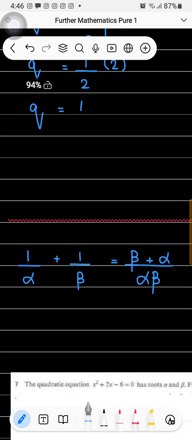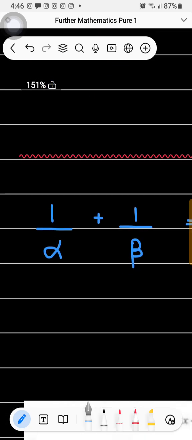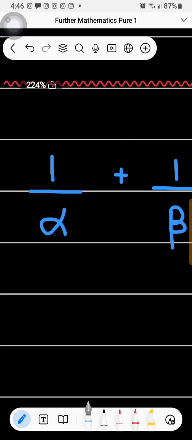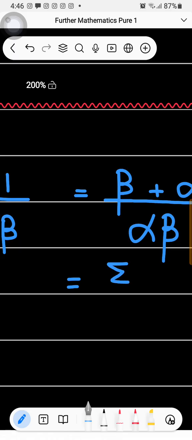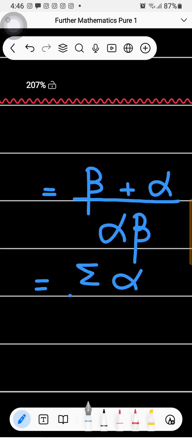We can also write this as sum of 1 upon alpha equal to sum of alpha upon alpha beta.